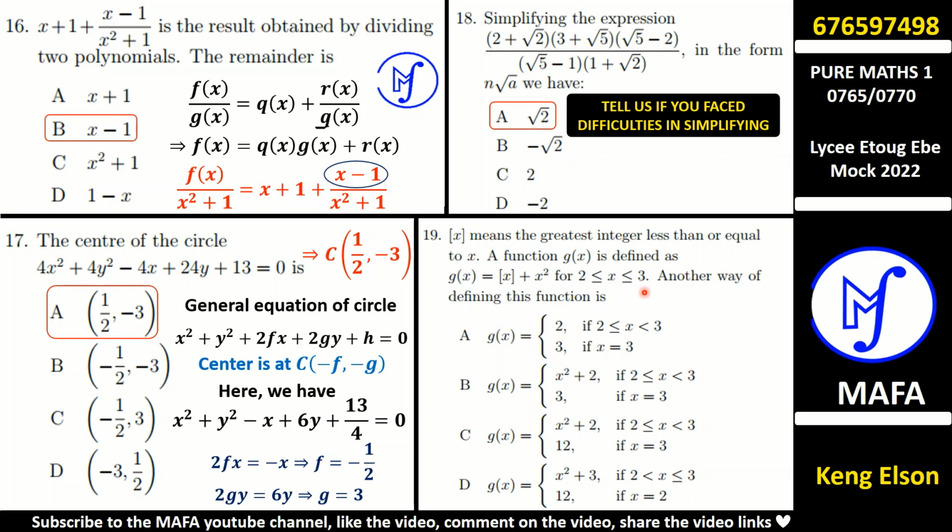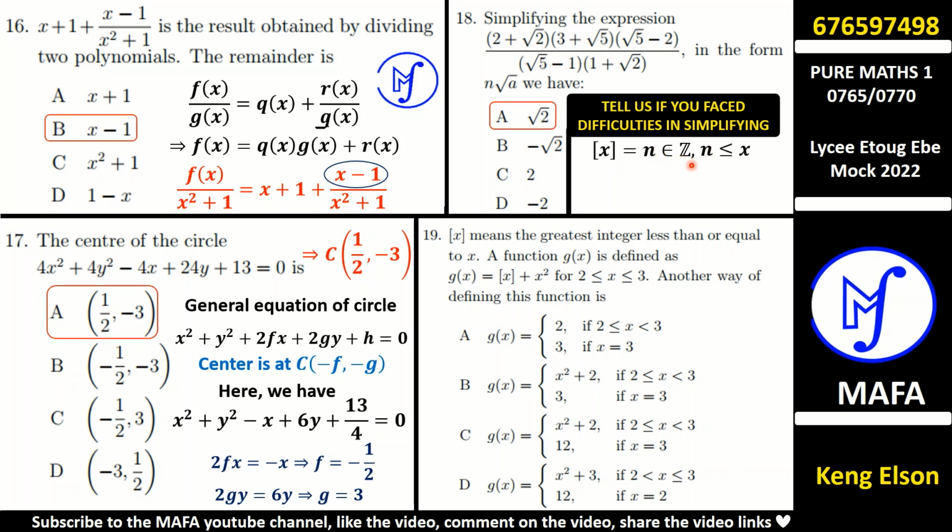Another way of defining this function is, so let me give you guys a brief review about the greatest integer function. So the greatest integer function is actually an integer, meaning that if I input a value of x here, the output is going to give me an integer.